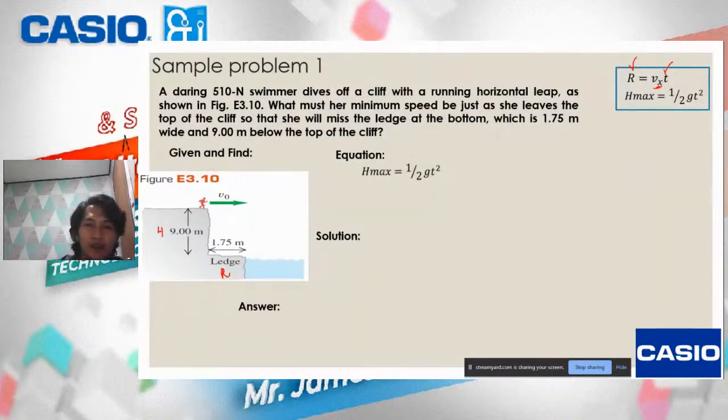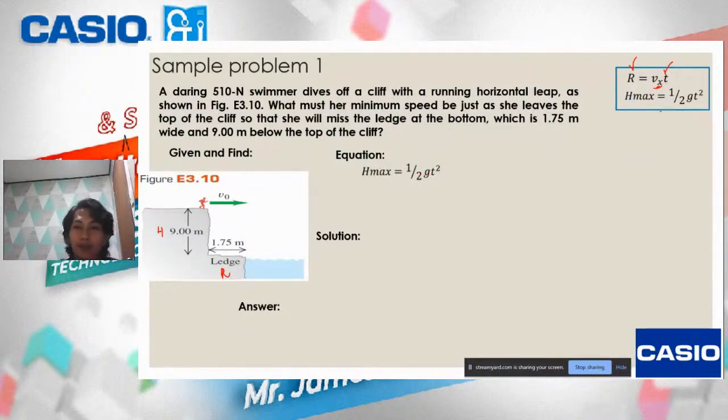Okay? So, to get the value of our time, we need to use another equation such that we have other values. So, we are going to use this equation. Sir, pwede po ba yung iba? Yes, pwede naman. For as long as dapat ang matira ay time lang. Like this one.